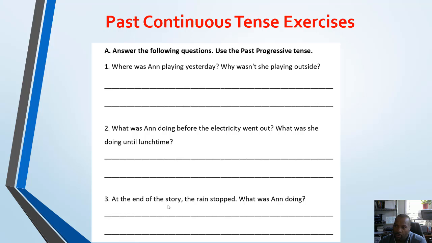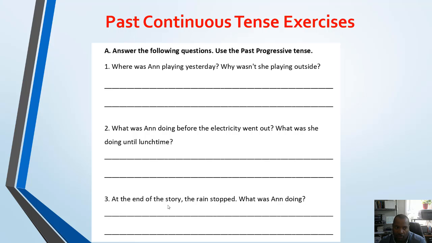Number 1, where was Anne playing yesterday? Why wasn't she playing outside? I wrote, Anne was playing inside. To answer the second part, she wasn't playing outside because it was raining. Okay?